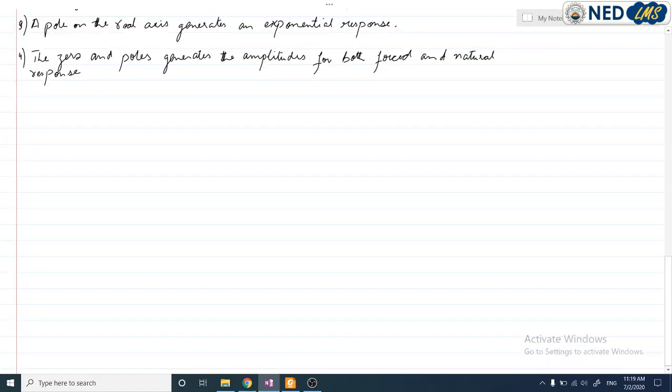Let us now look at an example to observe the significance of using poles to write the form of the output response.